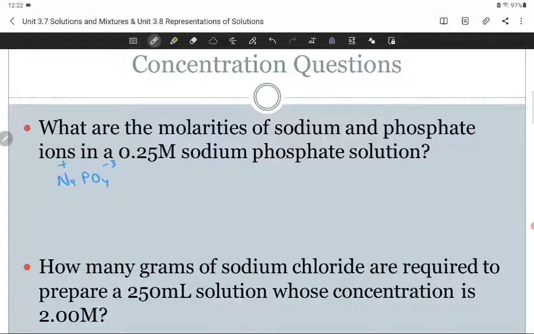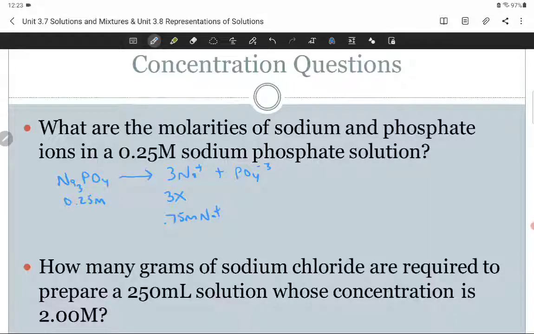So that would mean that you would have, let me erase this, you would have 3 sodiums for every 1 phosphate. Now when you dump that in water, you're going to get 3 sodium ions, and you're going to get 1 phosphate ion. So if you had 0.25 molar sodium phosphate, you have 3 times that. That would be 0.75 molar Na plus ions.